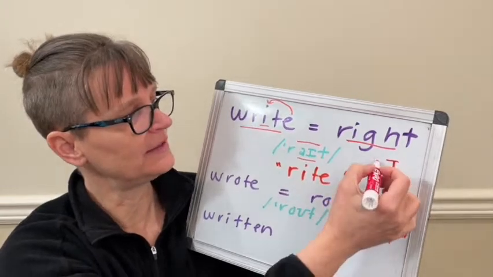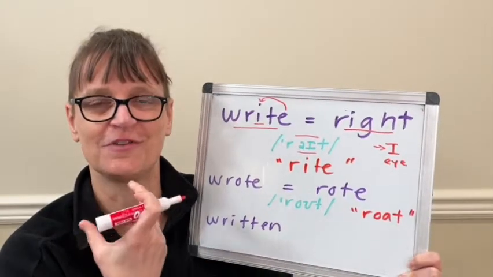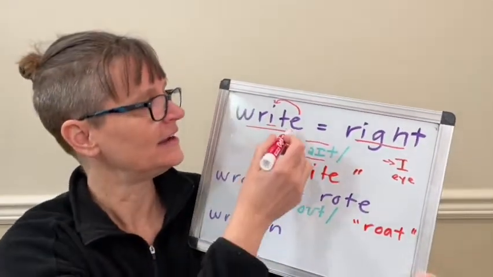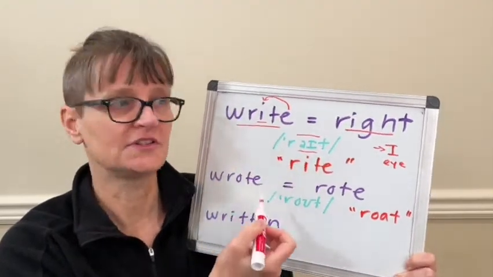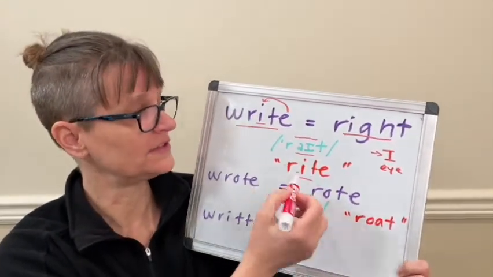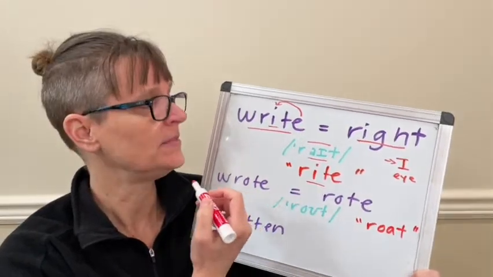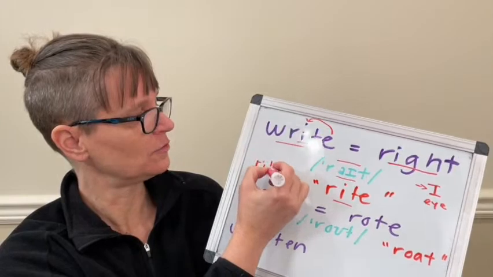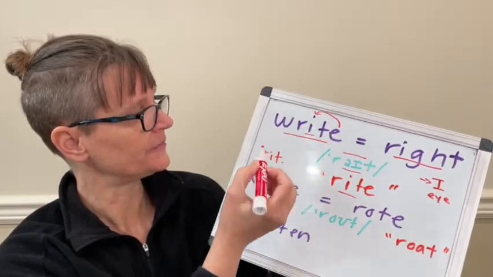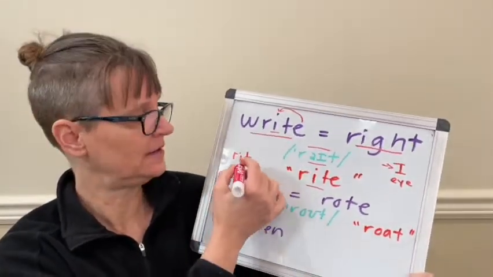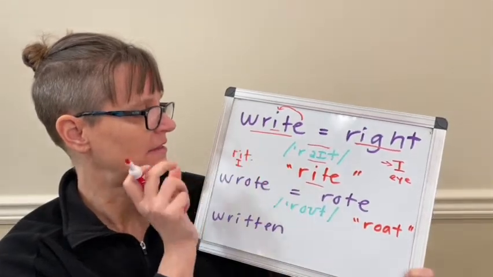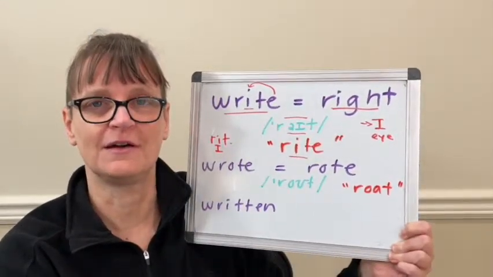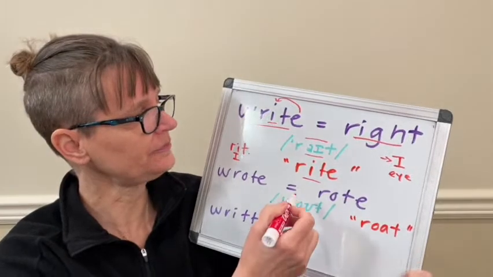If I'm naming the letter I, I use the diphthong I to say that. So I says I in words like right, or this is also a word, right, because of the E. Versus if I have a word like, if this were a word writ, then it would not be the I diphthong, but rather the lax I vowel.